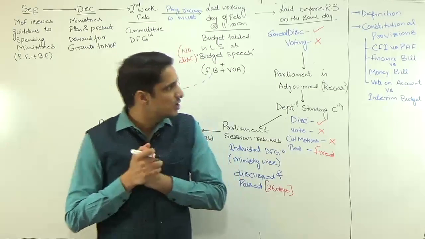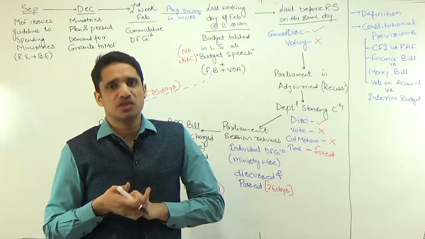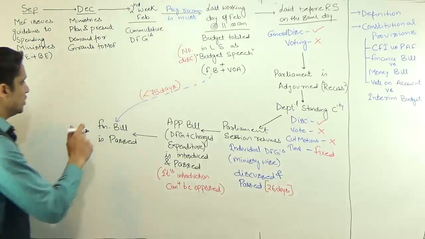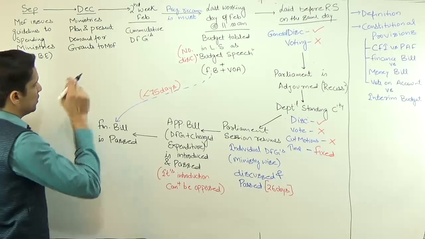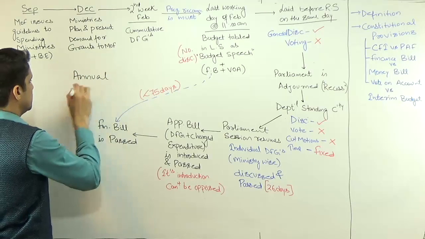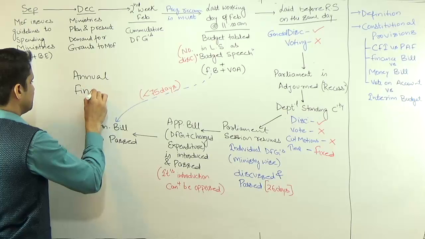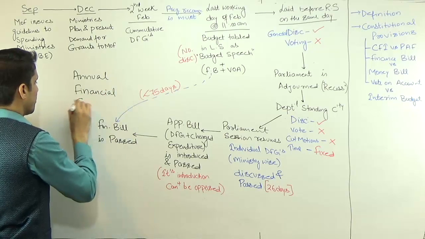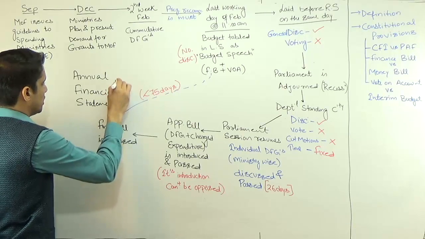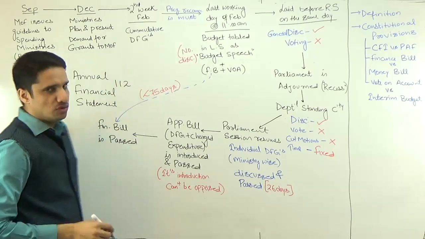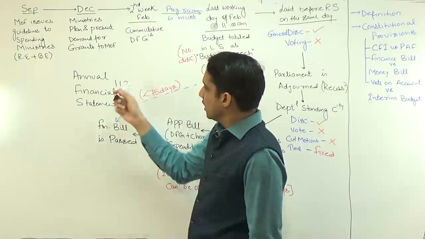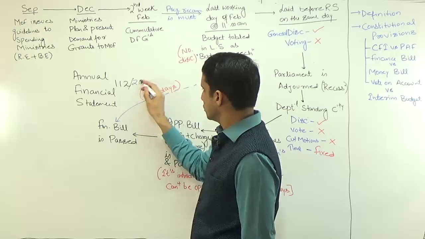In which constitutional article is it mentioned? Nowhere in the constitution has the word budget been used. The term used in place of budget is annual financial statement. The annual financial statement is mentioned in Article 112 for the union government, and for the state government the article is 202.